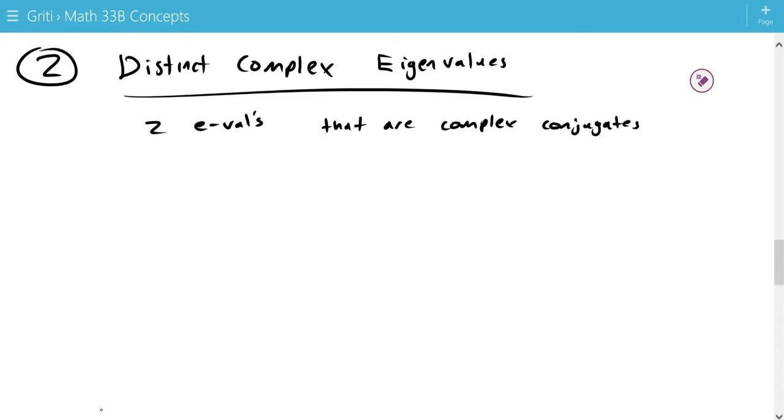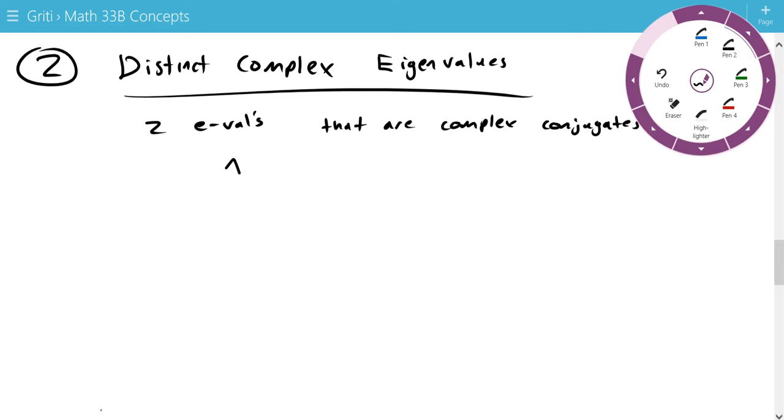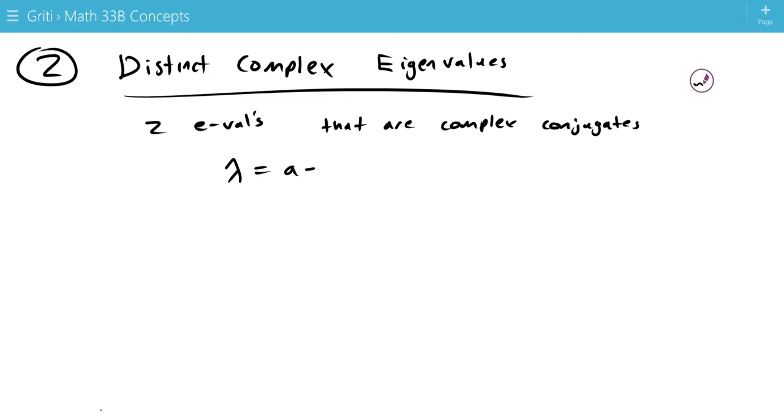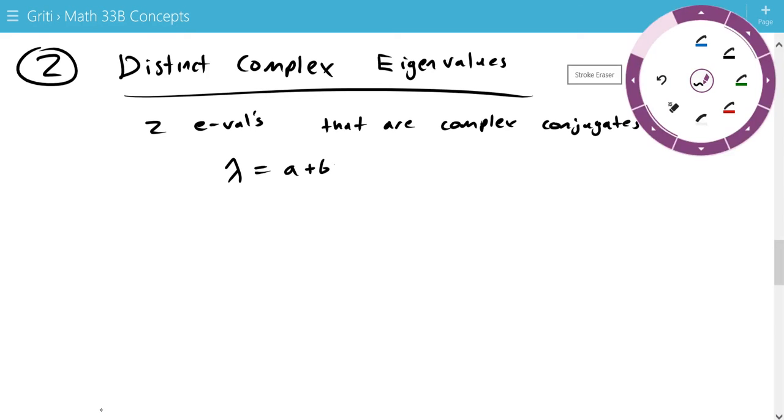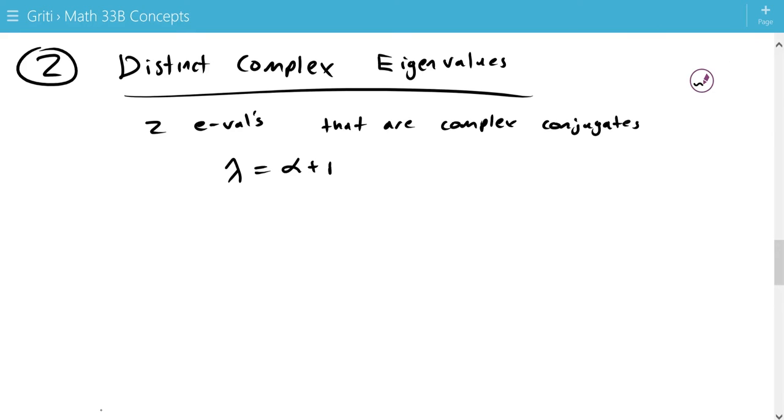So we'll say our eigenvalue is a plus bi. We'll use alpha and beta instead. So alpha plus beta i, and the other eigenvalue will be alpha minus beta i.